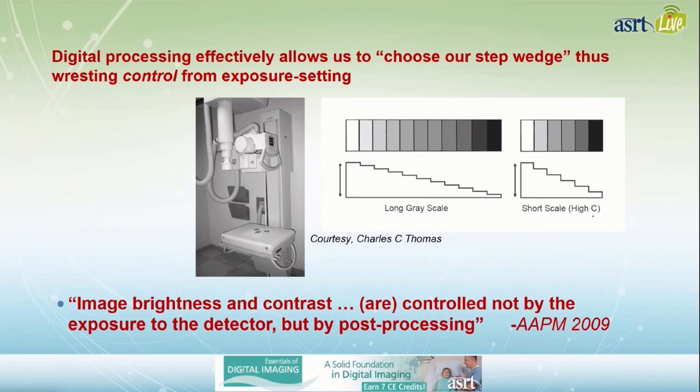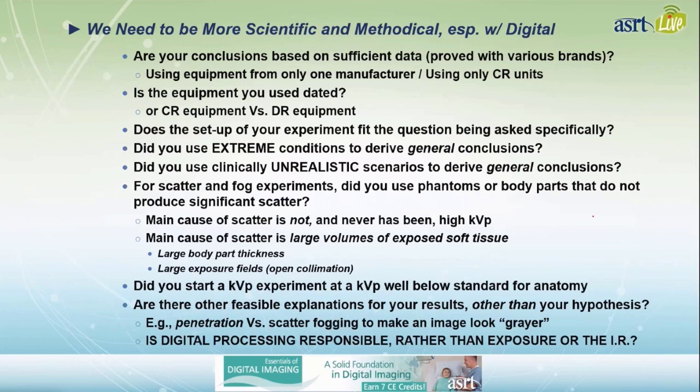That's a direct quote from the American Association of Physicists in Medicine, the AAPM, from their 2009 paper on exposure indicators, which we will cite later on, so I'll give you that reference if you haven't read it. But that's a direct quote from the physicists: brightness and contrast are controlled by post-processing, not by exposure to the detector.